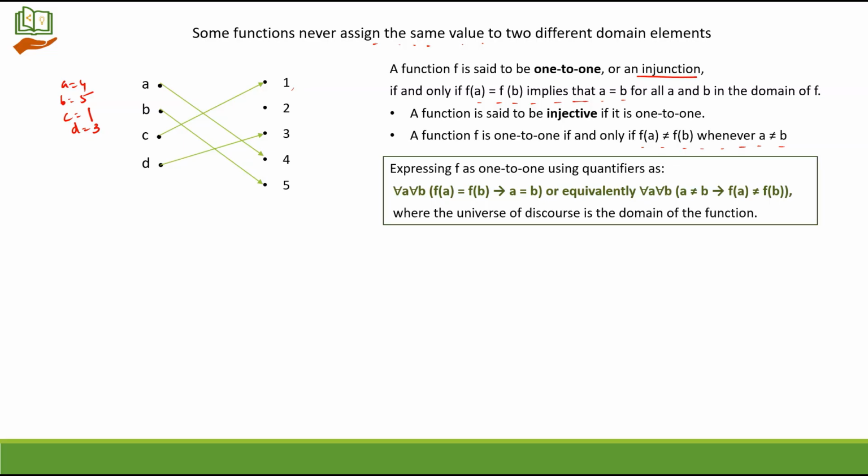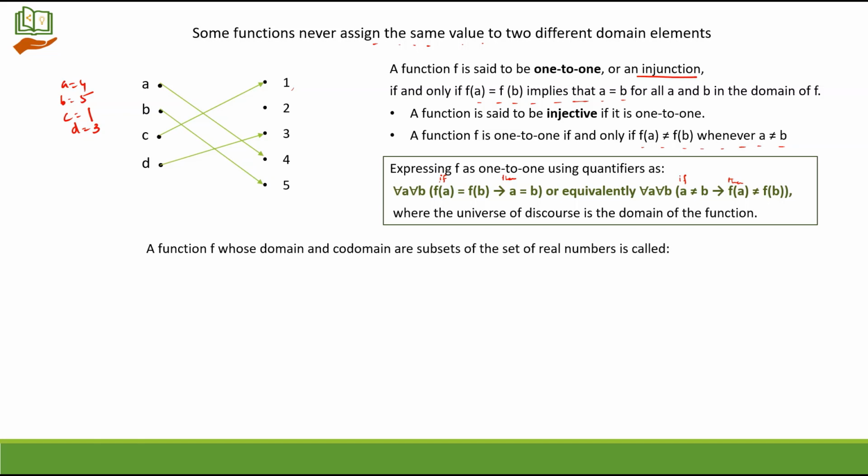Read it as we read a conditional statement. If f(a) is equal to f(b), then a is equal to b. But here, if a is not equal to b, then f(a) is not equal to f(b), where the universe of discourse is the domain of the function.